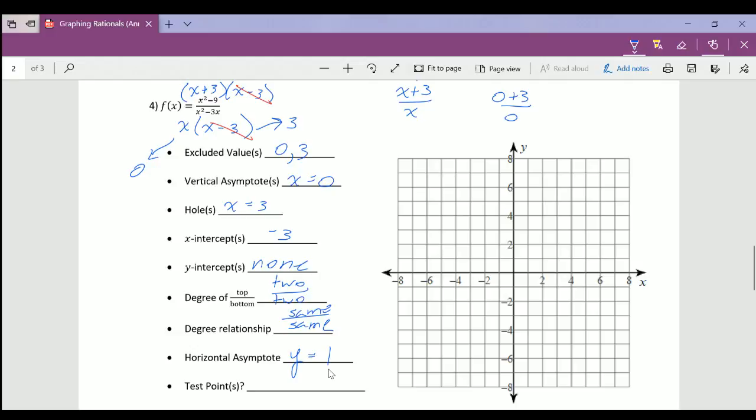And let's put pen to paper. Vertical asymptote is right here. Kind of doing these at a little bit of an angle so we can still see them. Horizontal asymptote at 1.